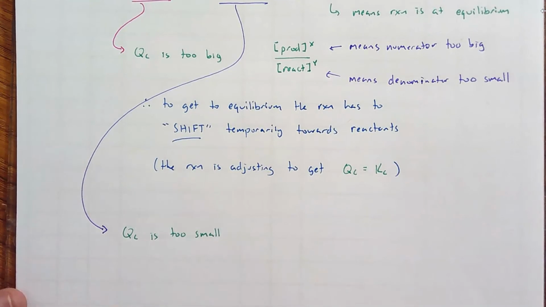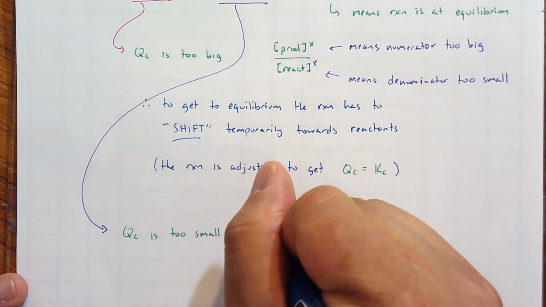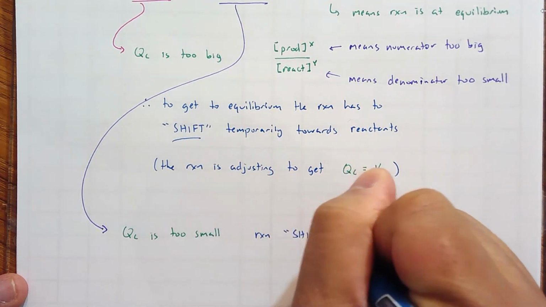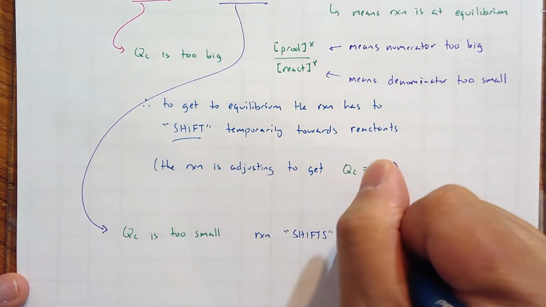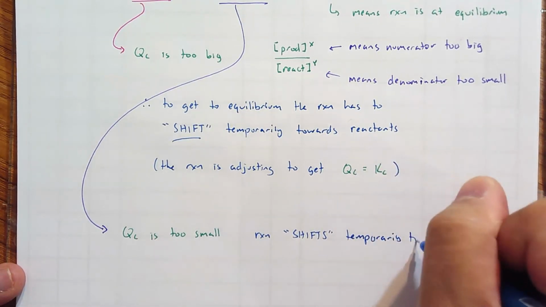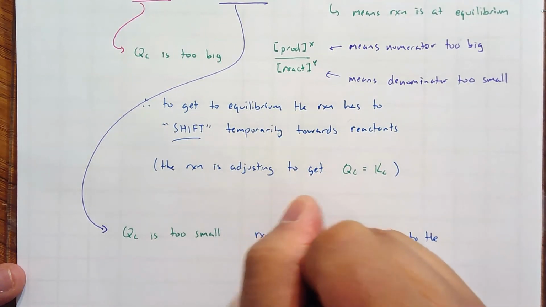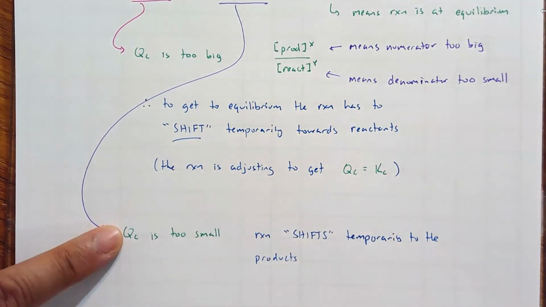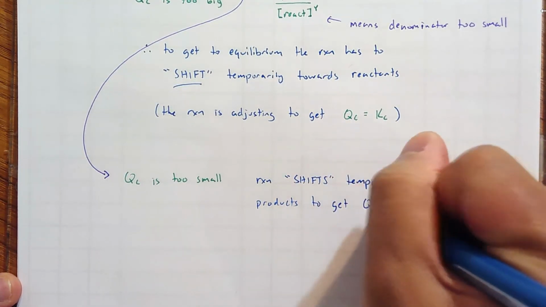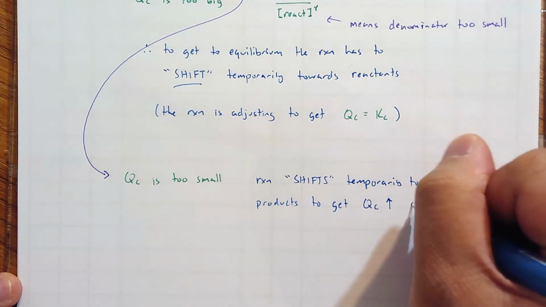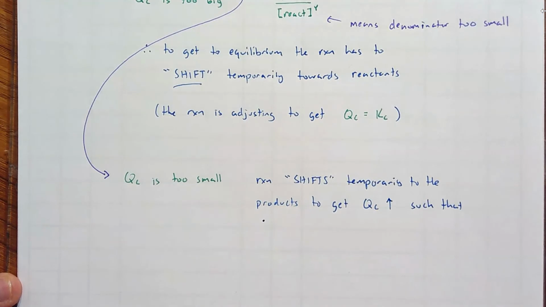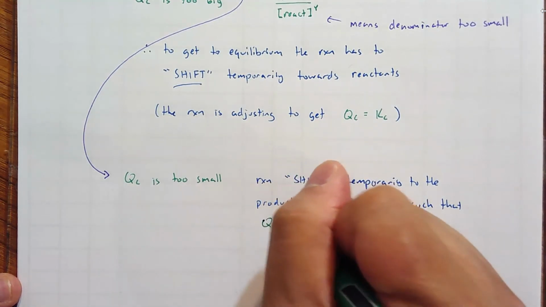And that means the reaction shifts again, this time temporarily to the products, to get Qc bigger, to get Qc to go up such that Qc again equals Kc.